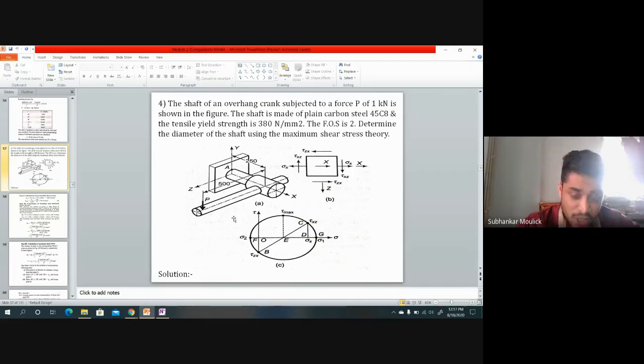So if you treat this entire shaft as a single component, this is your x direction, this is your z direction. Sigma x is nothing but sigma b, the normal bending stress, and tau xz is nothing but tau, the shear stress which we have already calculated.